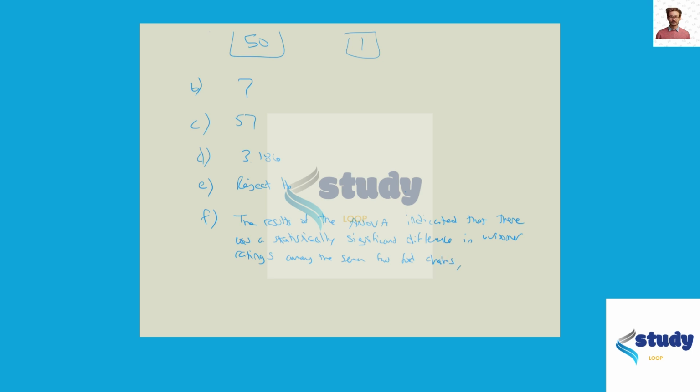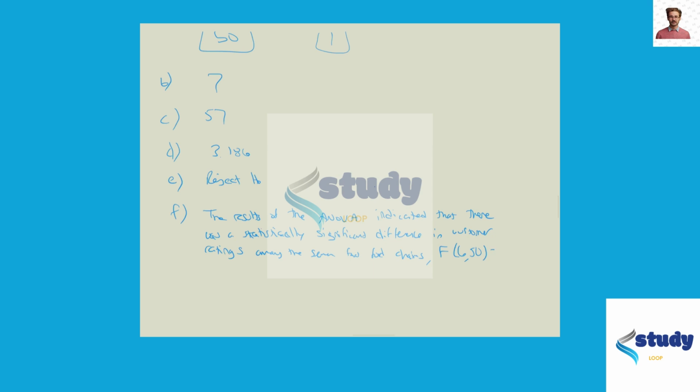And then indicate F with the degrees of freedom equals 5.1833, and p was less than 0.01.